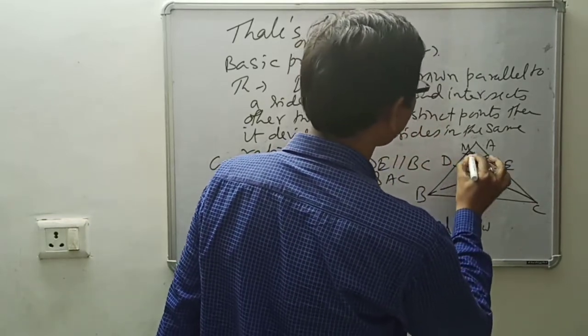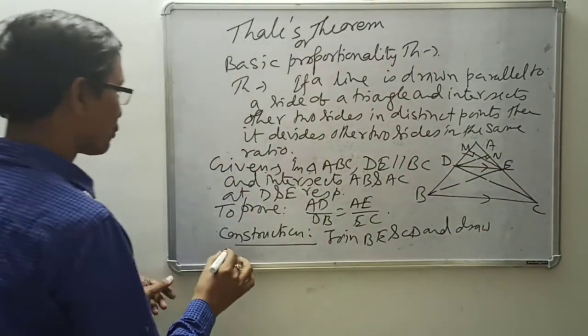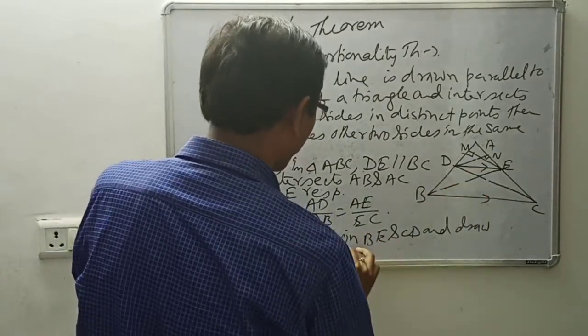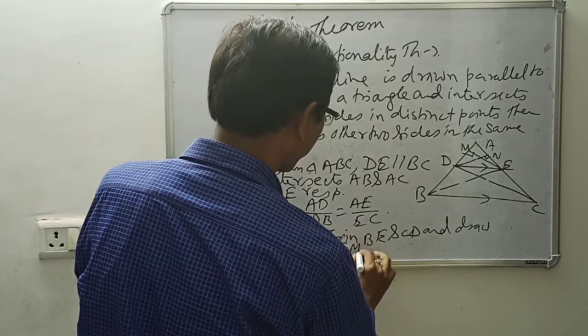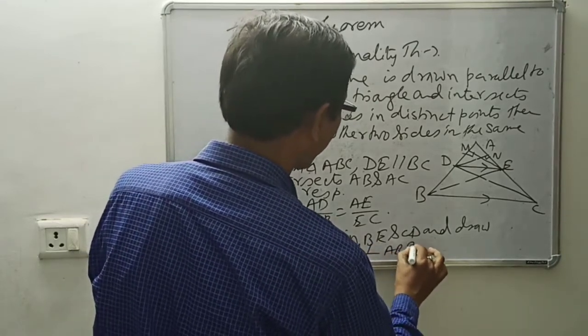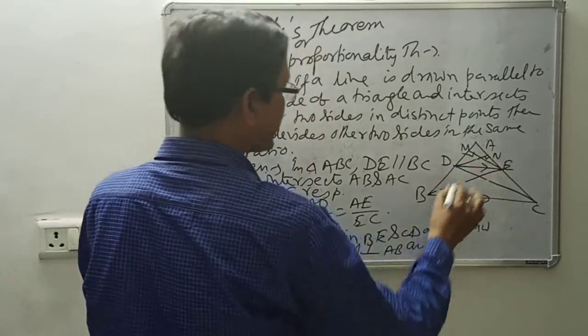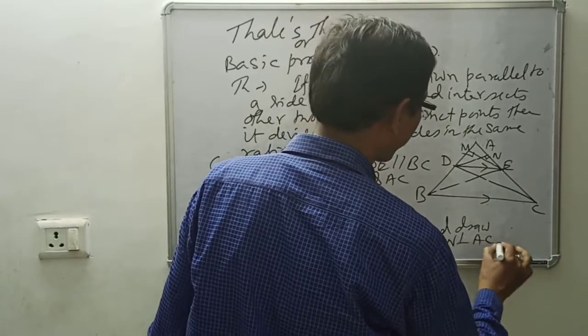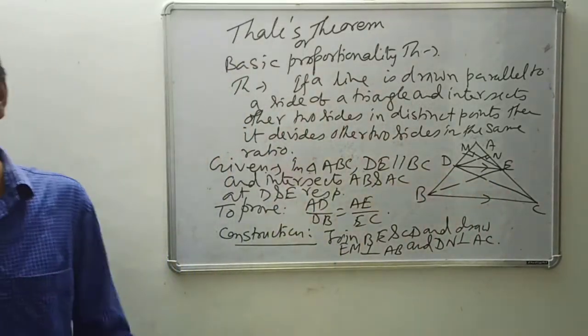Any name you can give, M, N. So draw EM perpendicular to AB and DN perpendicular to AC. That's the construction we have.